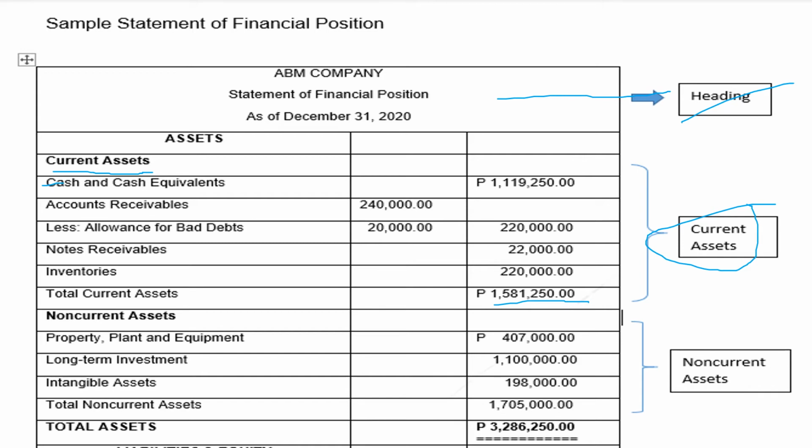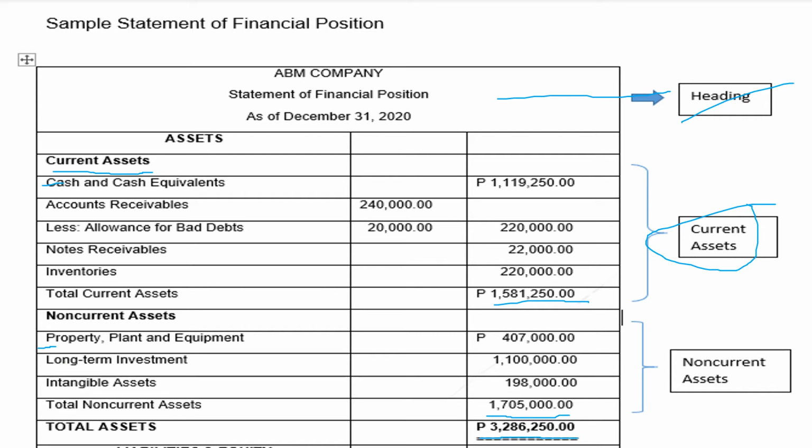It is composed of property, plant and equipment, long-term investment, intangible assets, and then the total non-current assets of 1,705,000, and the total assets is 3,286,250. And the general rule for this is you must double rule this assets here.